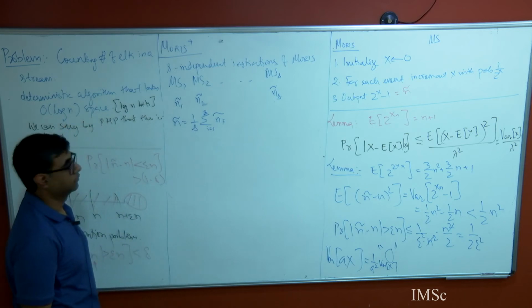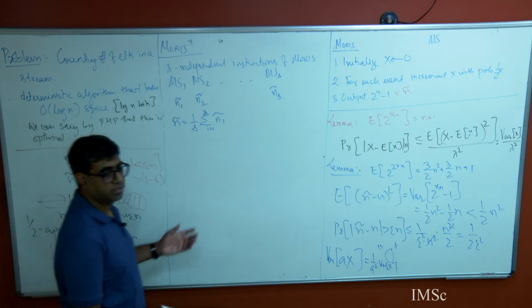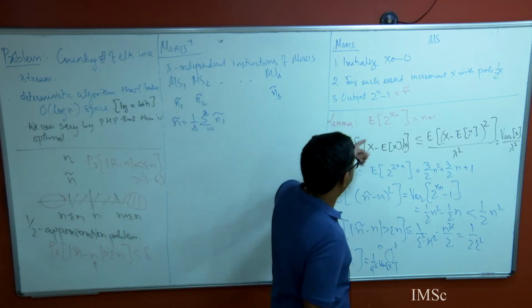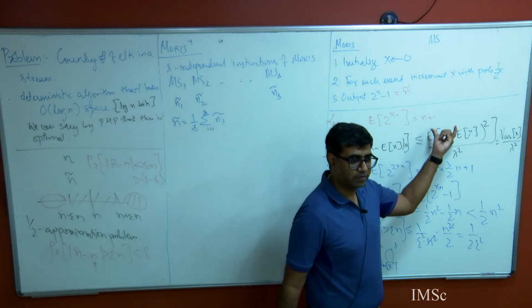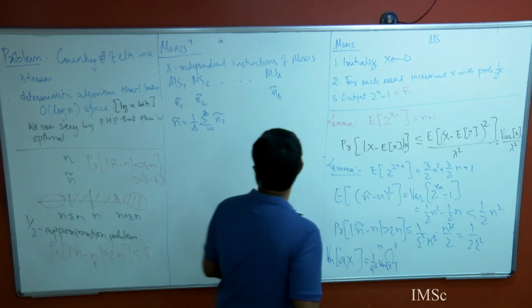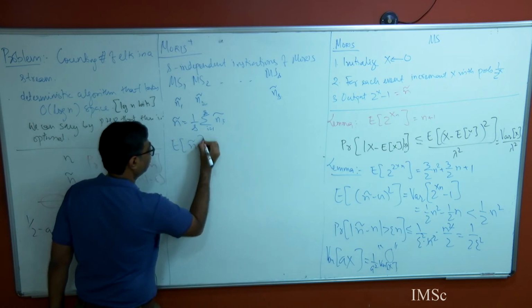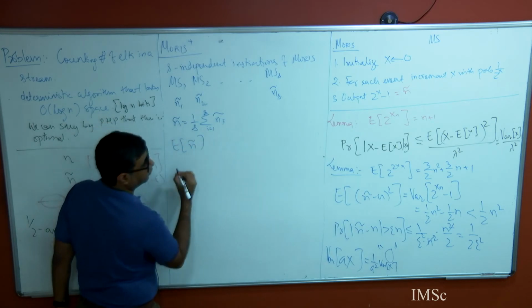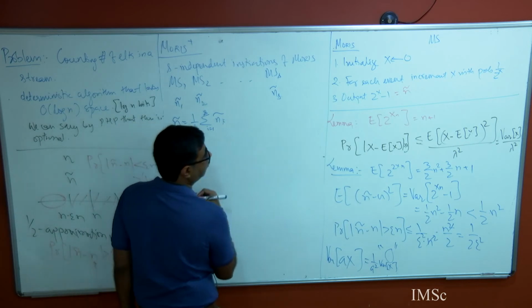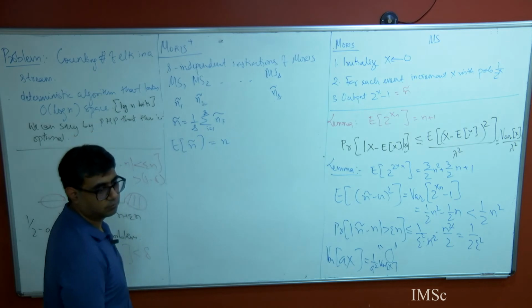What will be the expectation of N tilde? It's going to be the same thing, because by linearity of expectation I'm just going to count this average, S times that and divide by that. So the expectation of this new method is going to be N, right?